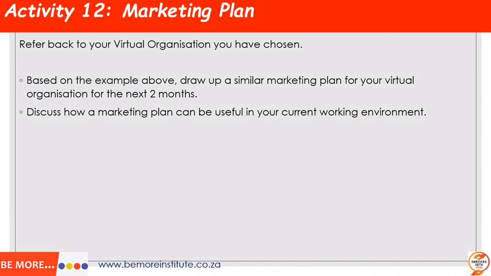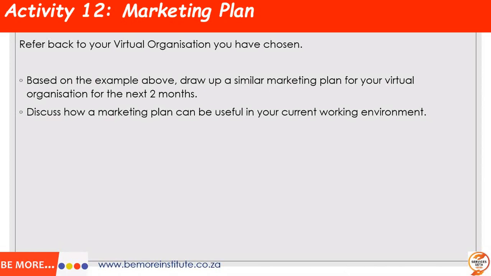So this is also a continuation of the exercises that we were doing. You will need to come up with a marketing plan for the company that we spoke about last week, the virtual company that you would have chosen from the 5 options that we had as your group.